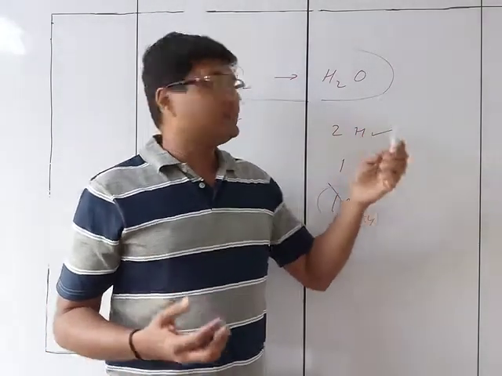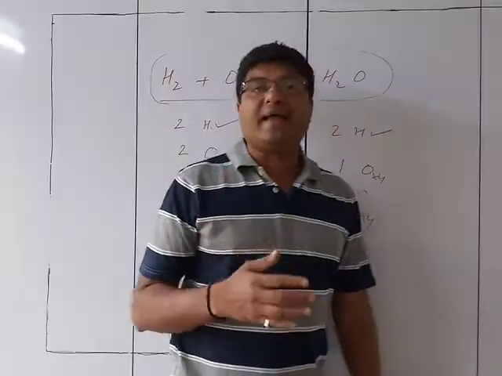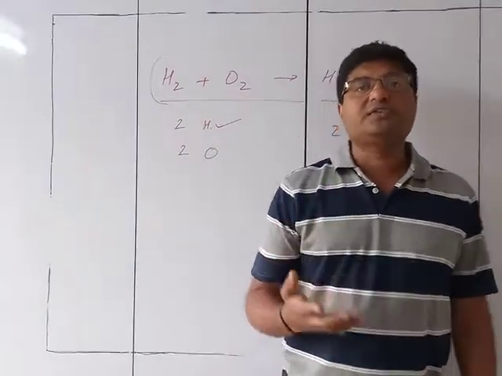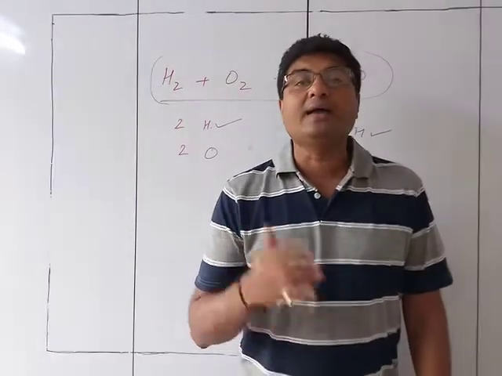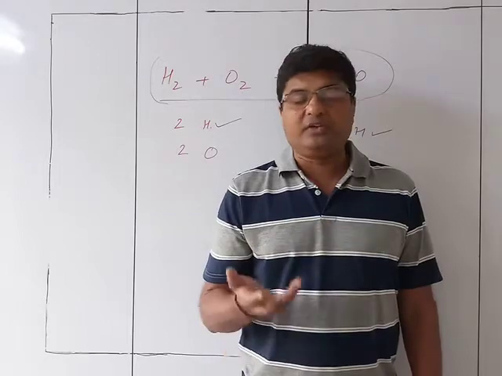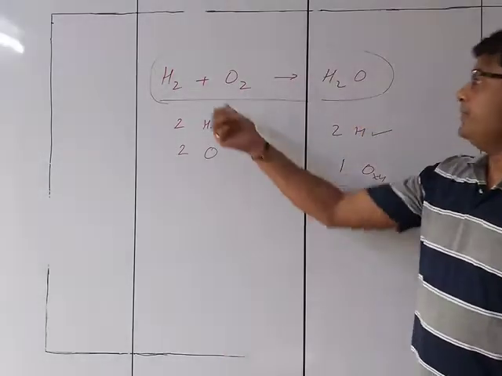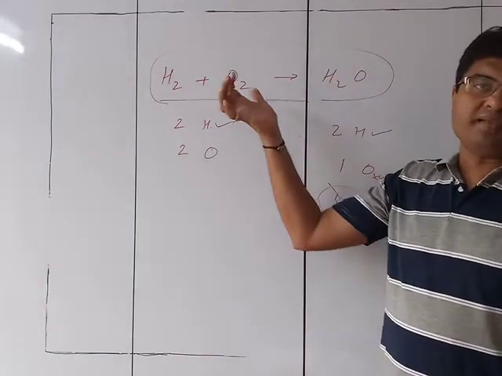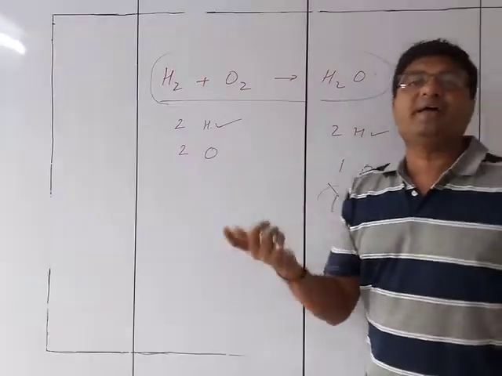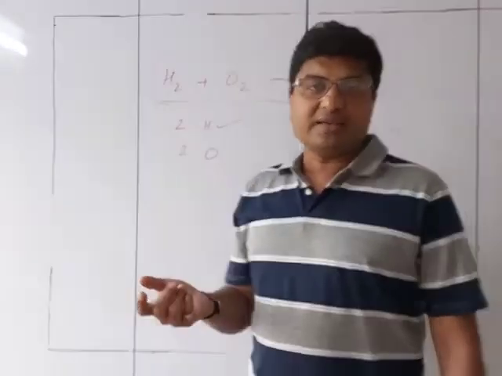Or I would say that this reaction is going against the law of conservation of mass and energy, because the conservation of mass and energy tells me that matter can neither be created nor be destroyed. So here, if I am using this equation as the basis for anything, I am going against the law of conservation of mass and energy.